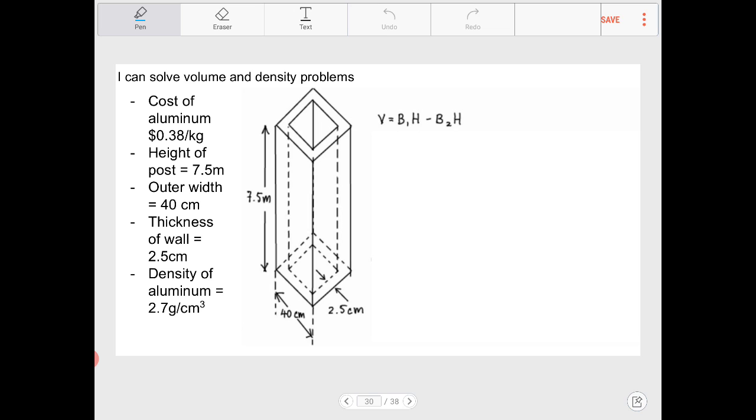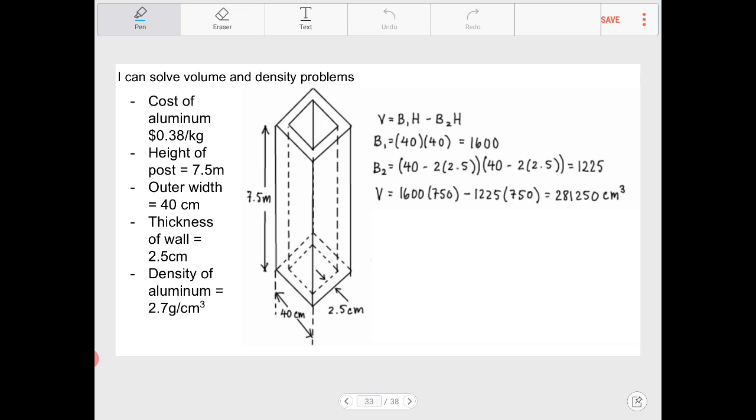The area of the inner base, what I will need to do is take 40, subtract 2.5, and square that. I will get 1225 as the area of the inner base. I take these respective areas of the bases and multiply them by 7.5, and I will end up with 281,250 centimeters cubed.